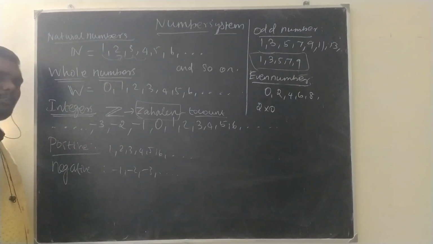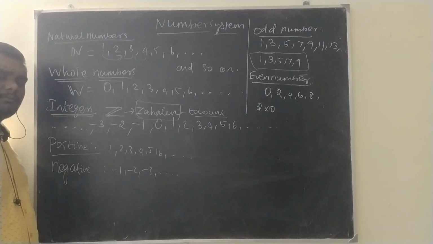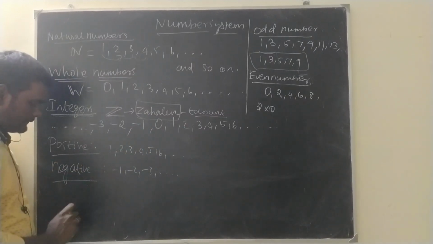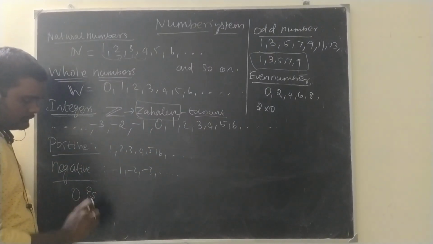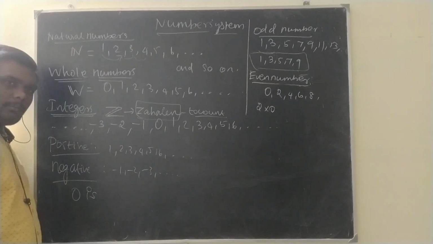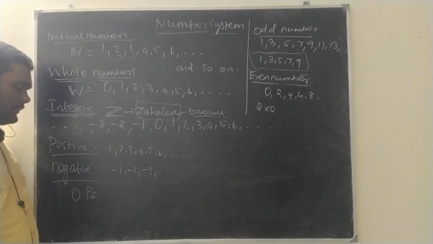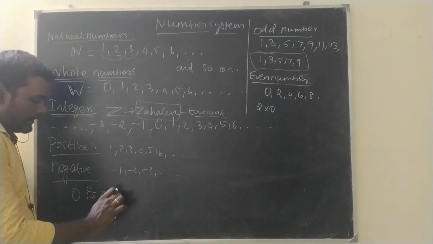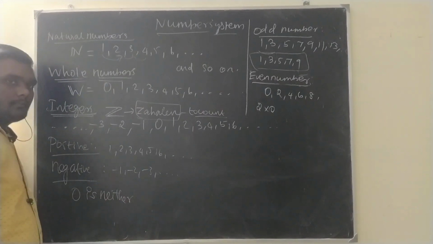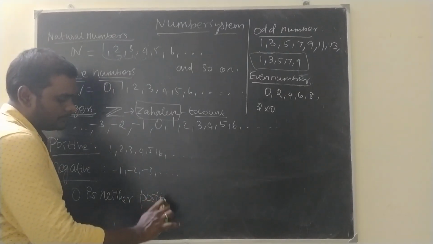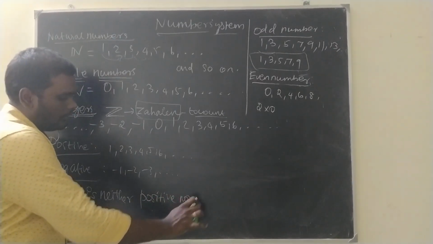Now we left one number. Which one is it? 0. What can you say about 0 then? Is 0 a positive number? No, 0 is not a positive number. 0 is neither positive nor negative.